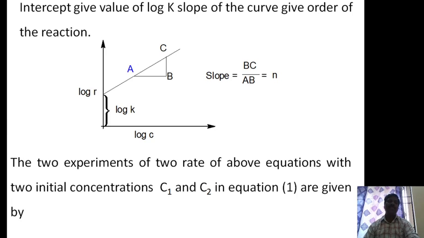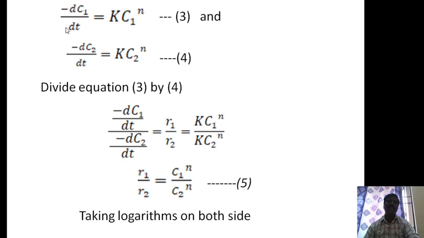Let C1 be the initial concentration of the reactant in one experiment, and C2 be the initial concentration in another experiment. Then we get minus dC1 divided by dt is equal to k C1 to the power of n. This is called equation number 3.